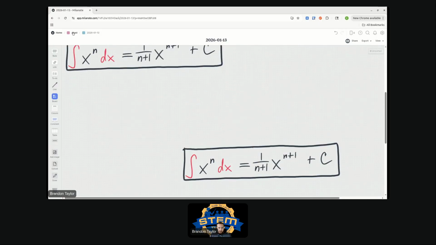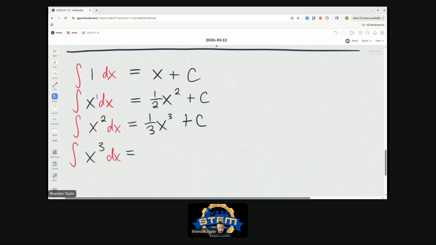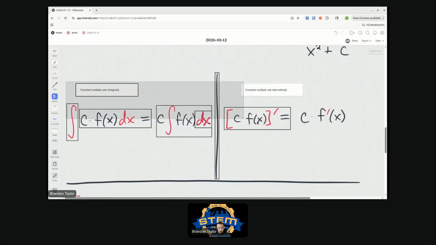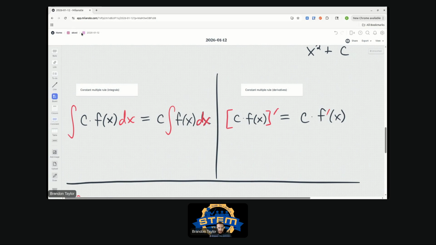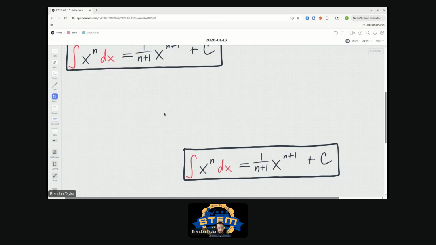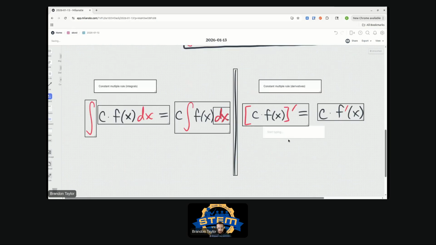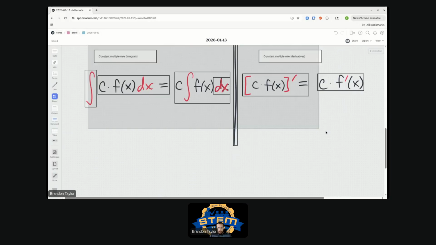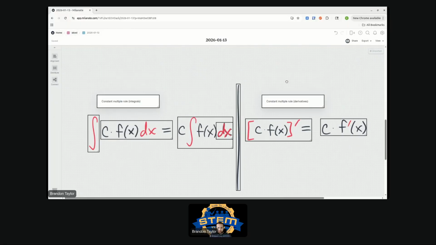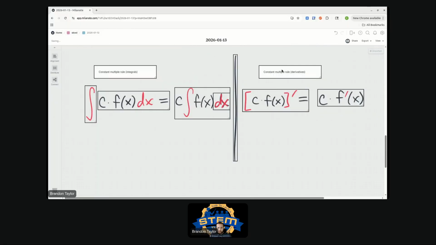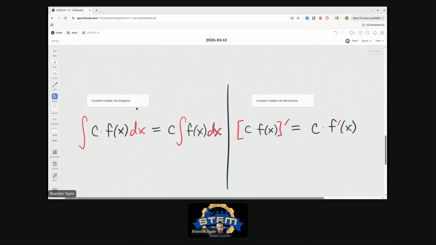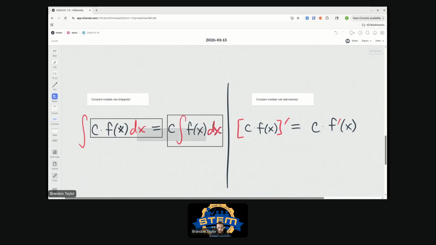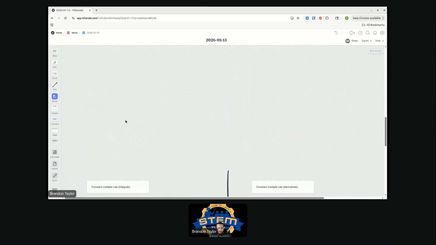With each of these, let me grab what we were talking about yesterday. I want to come up with a list of different properties. I'll keep jumping to them down here. So looking at these, the constant multiple rule that we talked about yesterday, this would be the next rule.